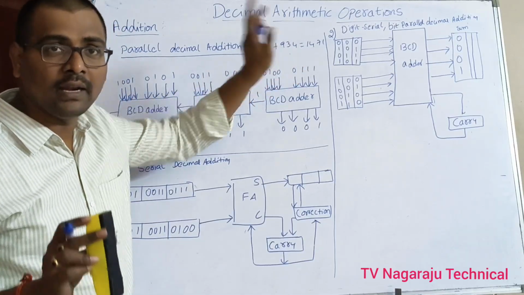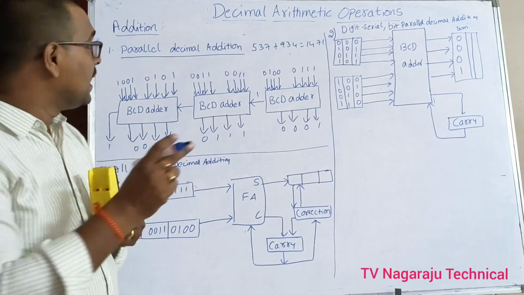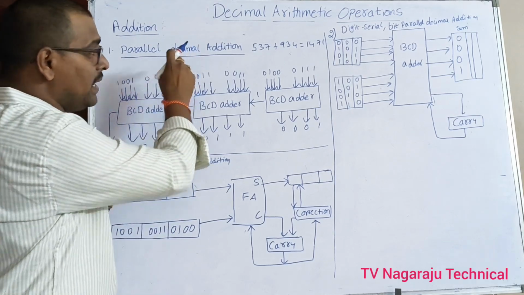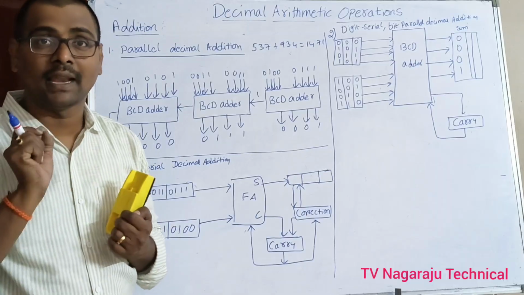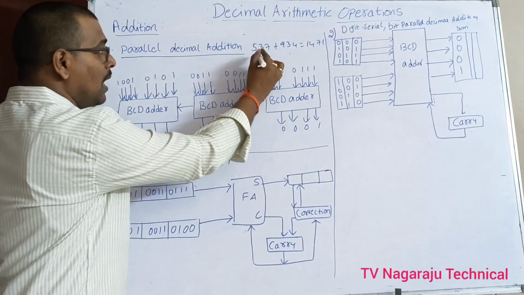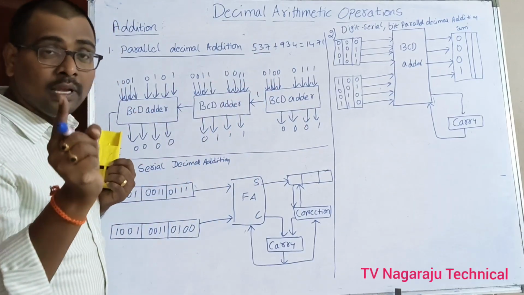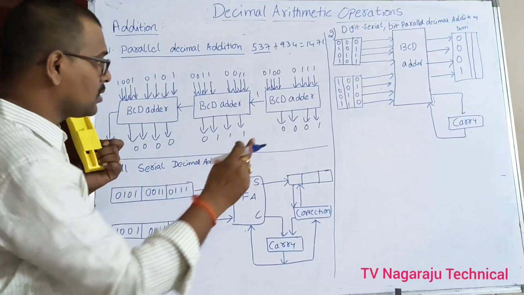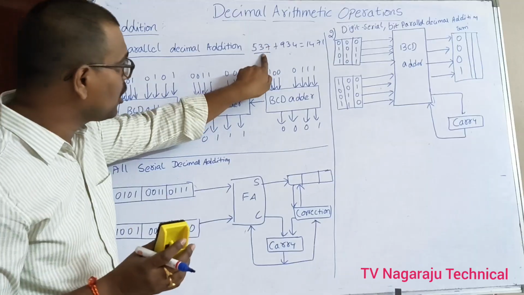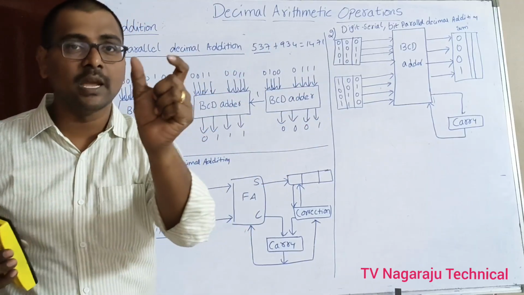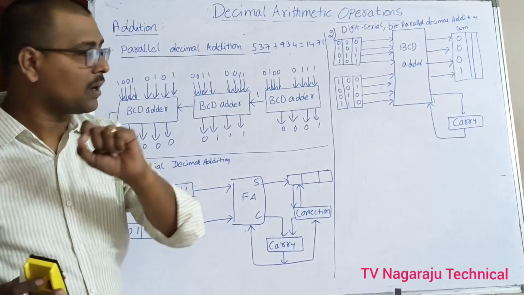Parallel decimal addition. The concept is, assume I have two numbers 537 and 934. You need to add these two numbers. In the parallel decimal addition, in the sense, each digit is added parallelly. For example, how many digits do I have? It is a 3-digit number. So I am using 3 BCD adders. Assume the augend and addend have the same number of digits.